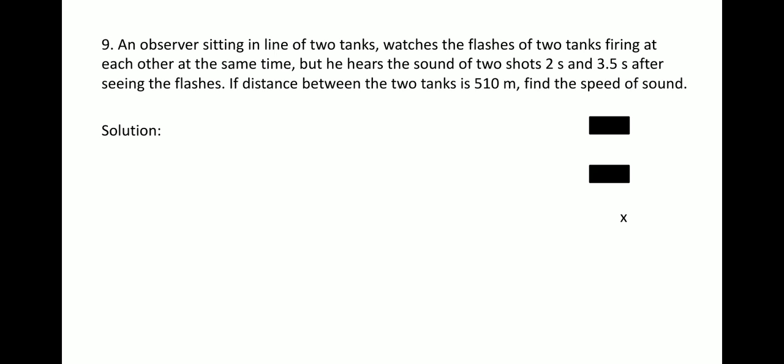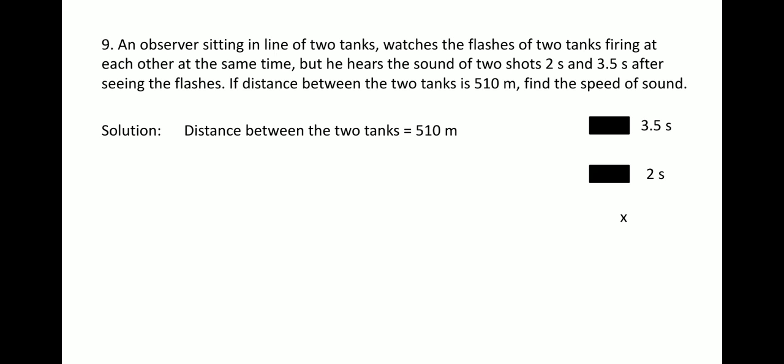So over here the first tank which is away from the observer will take 3.5 seconds, and the second tank which is closer to the observer will take 2 seconds. Okay, the sound will take 2 seconds to reach the observer. So the distance between the two tanks is given as 510 meters.